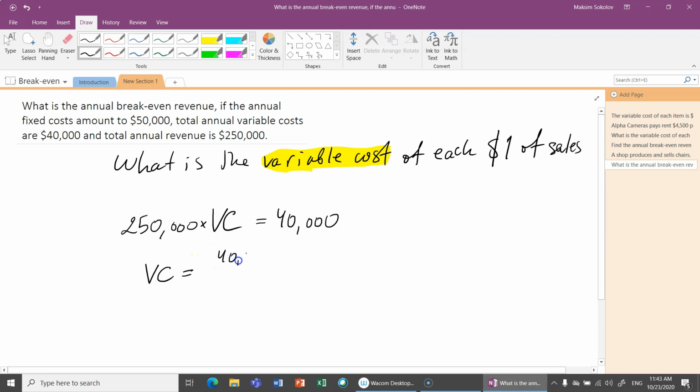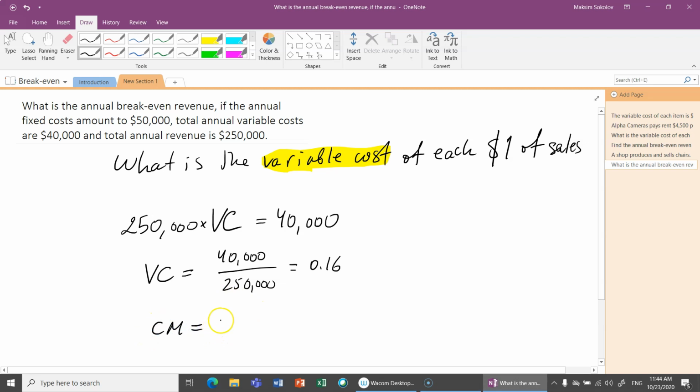So from this relationship, I can find the variable cost of each dollar of sales. So variable cost will be $40,000 divided by $250,000. So it's 0.16. In other words, it costs 16 cents to sell $1. Well then, if I know that variable cost, I can now find contribution margin.